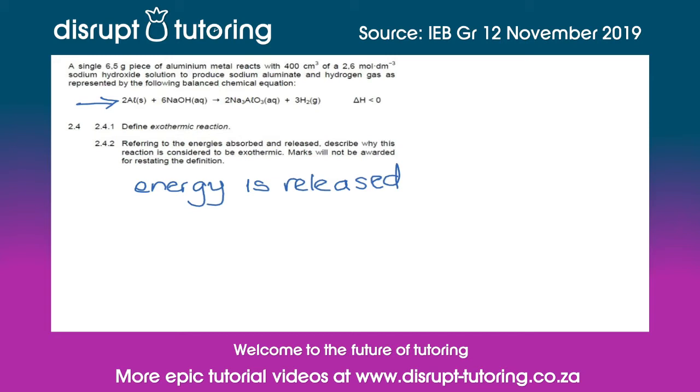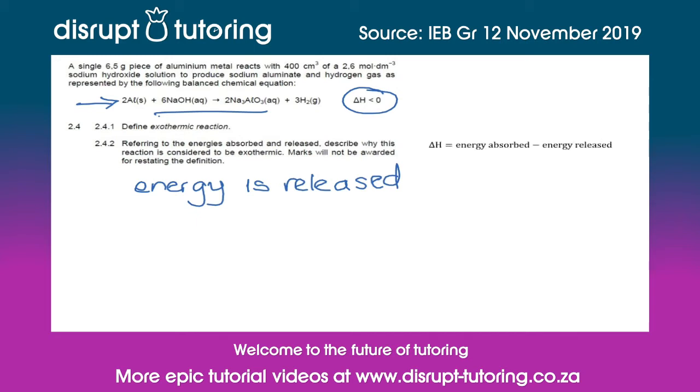Okay, then question 2.4.2 asks us to describe why this reaction is exothermic by referring to the energies absorbed and released. For this reaction, we're told that the change in enthalpy is negative. So the change in enthalpy is the amount of heat that is either absorbed or released during a reaction, and it is equal to the energy absorbed minus the energy released.